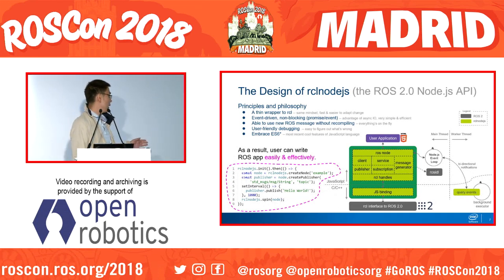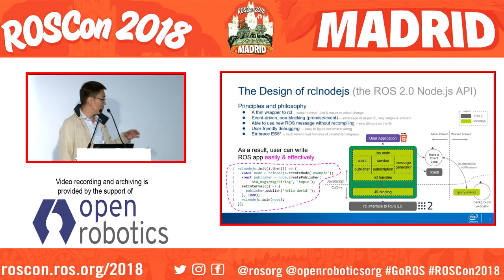The red part is the Node.js main thread. The blue part is the worker thread, which pulls the events from the RCL library in the background. And the horizontal line separates the JavaScript from the C++.